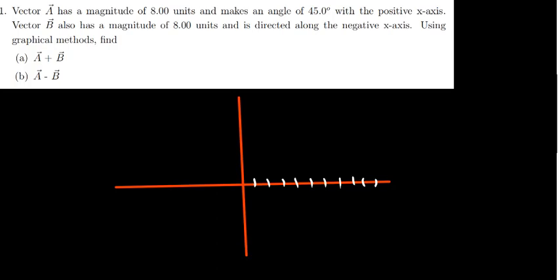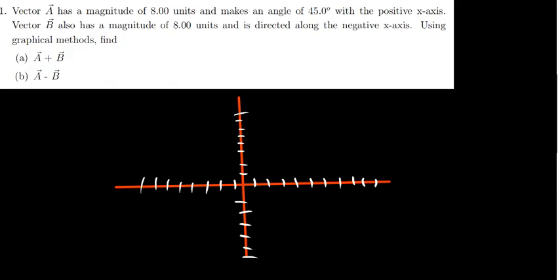Then in the y-axis, let's also have the same thing, 1, 2, 3, 4, 5, 6, 7, 8. Anyway, let's just leave it there.